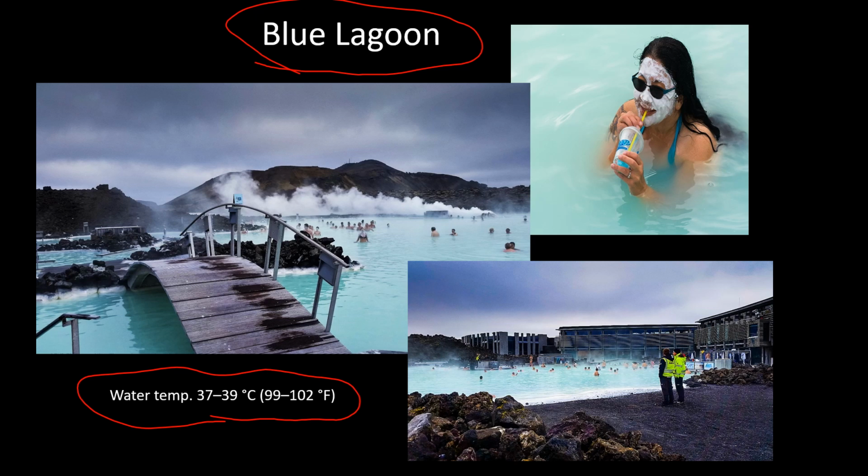The reason the water is kind of bluish green in this case is it contains microscopic or even submicroscopic particles of silica. And it just so happens that the optical properties of those silica particles are such that they reflect kind of greenish and bluish light. So that's why the water is a bluish green or a greenish blue.